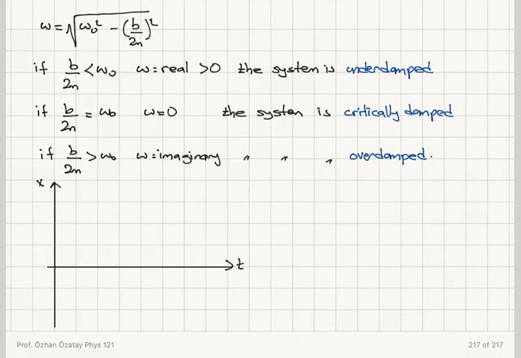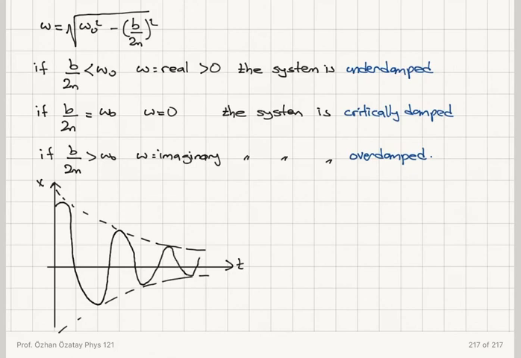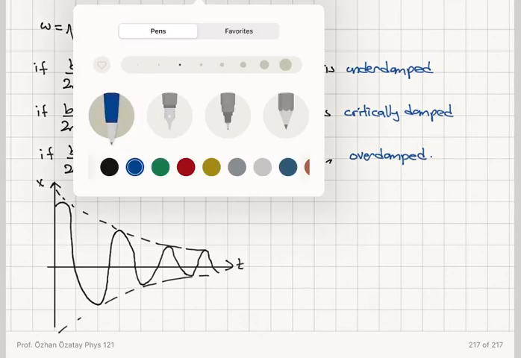In the first case, when the system is underdamped, your solution is e to the minus b over 2m t cosine omega t plus phi. That means we have an exponential envelope, and the system keeps oscillating following a cosine function, but the oscillations are damped.